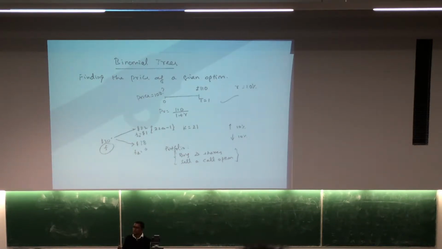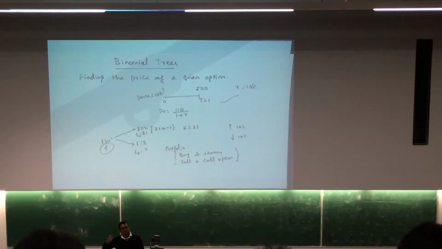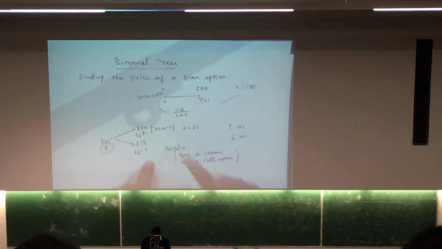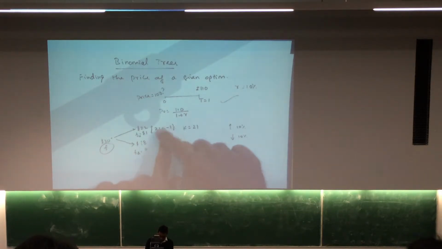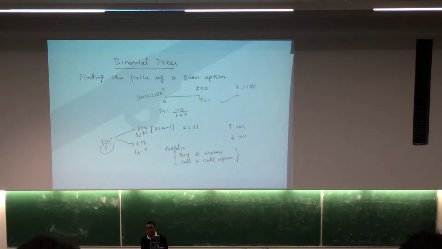If delta is 2, what is the value that I have on stocks? 2 times 22. If delta is 4 stocks, my portfolio value on the stocks is 22 times 4. And my portfolio involves selling a call option. So if somebody comes, then I need to pay that extra dollar. That's why I created 22 delta minus 1.